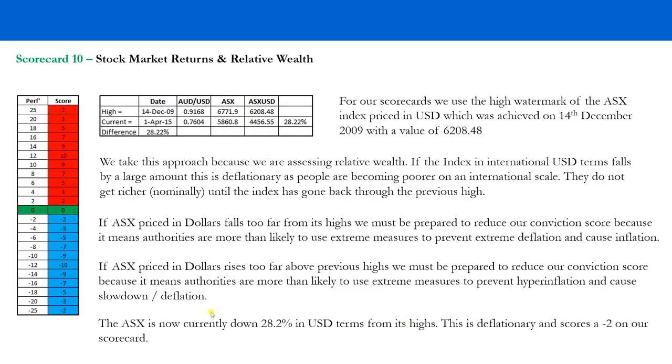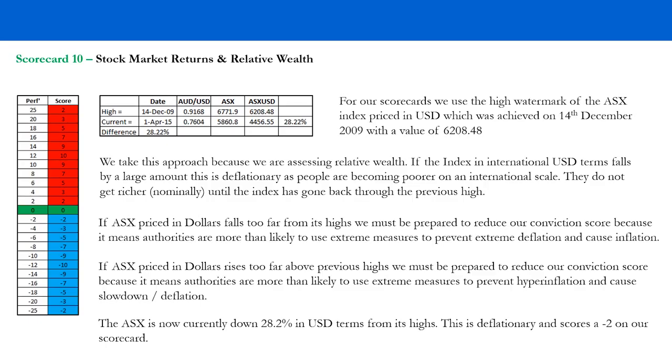So we need to be quite careful that we don't get caught in these circumstances shorting Aussie dollar, US dollar at levels where the stock market domestically has fallen by a large amount from the high watermark, because it just means at these levels there's a lot of potential for central authorities to step into the market, manage public assets, and manage the Aussie dollar, US dollar to a level that means international investors will start looking at Aussie dollar assets as, on a relative basis, an asset that's underpriced on an international scale.